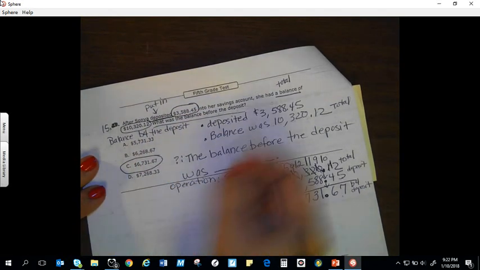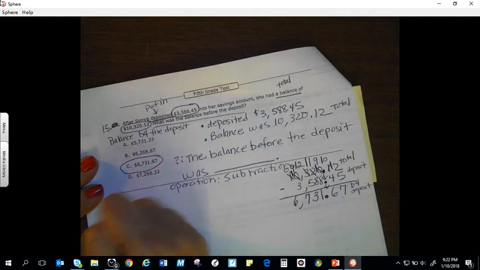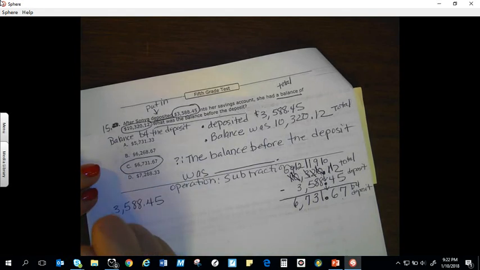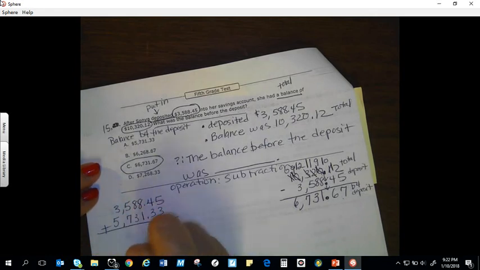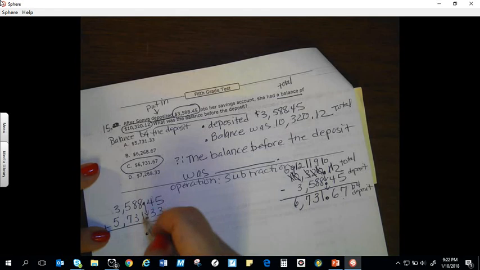So I can take my $3,588.45 and add $5,731.33. 5 plus 3 is 8. 4 plus 3 is 7. Again, see my decimals are all lined up. 8 plus 1 is 9. 8 plus 3 is 11.